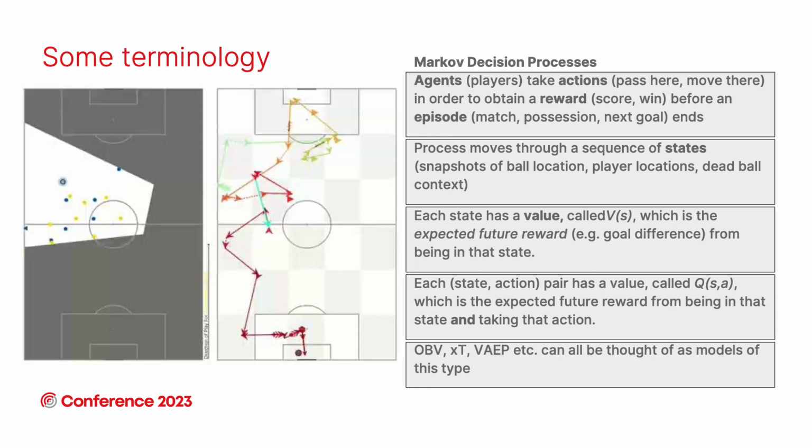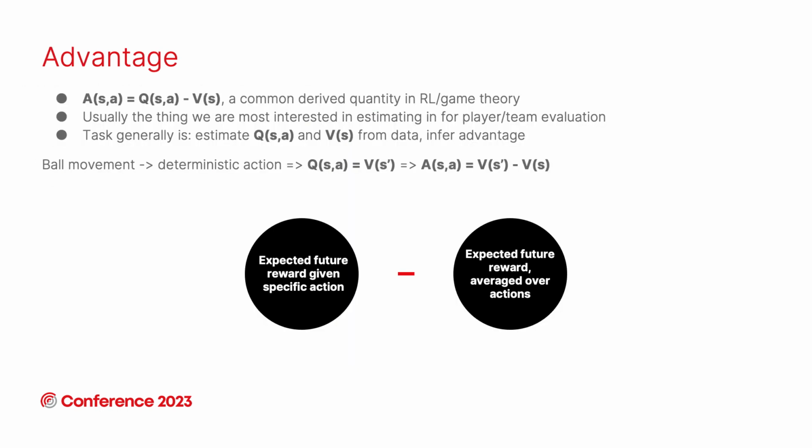Then you have agents who perform actions which modify the state of the game. And each state has some value associated with it, which is the expected future reward from that state. Future reward might be goals for or against, something like that.